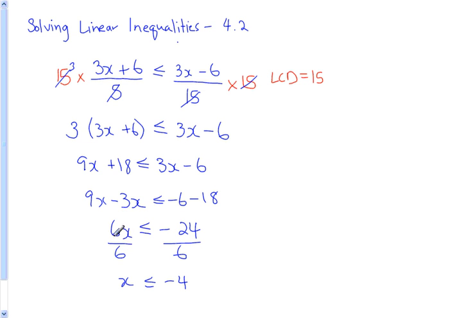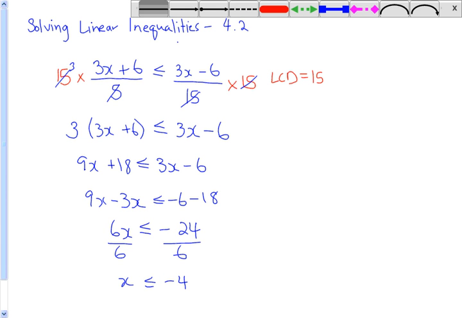But this is a positive 6. So I'm not doing any sign switching because I'm dividing by a positive number. Only if I am multiplying or dividing by a negative number do I switch the sign. So in this case, you can see I'm dividing both sides by positive 6, so I do not switch the sign. The answer turns out to be x is less than or equal to negative 4.